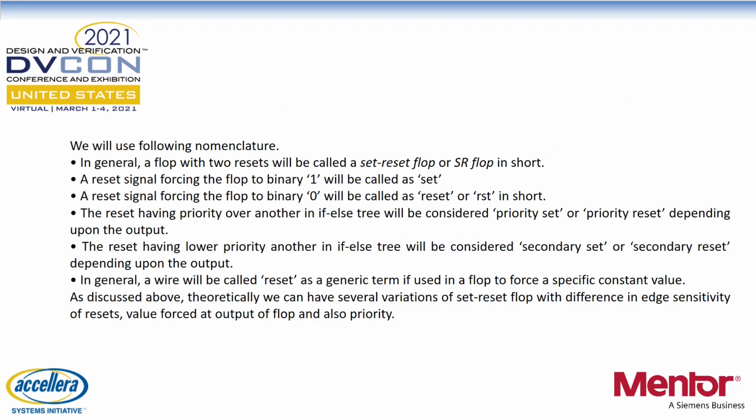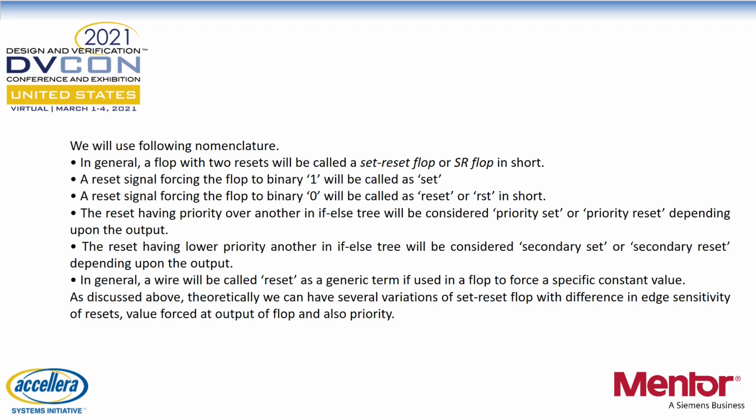We will use the following nomenclature going forward. In general, a flop with two resets will be called a set reset flop, or an SR flop in short. A reset signal forcing the flop to binary 1 will be called a set. A reset signal forcing the flop to binary 0 will be called a reset, or RST in short.